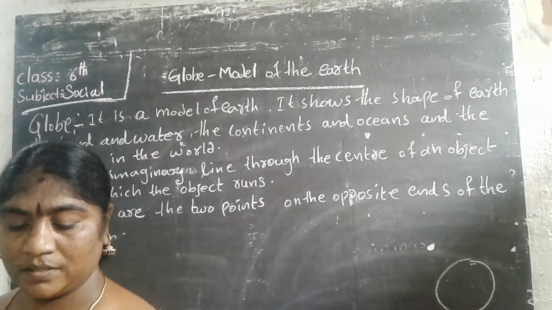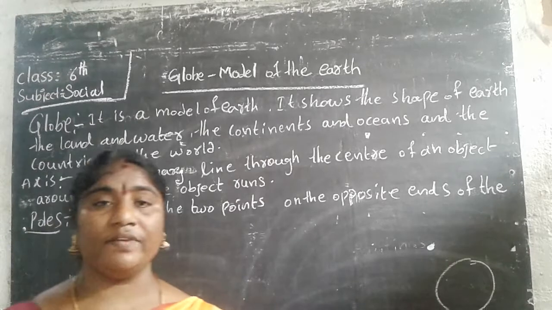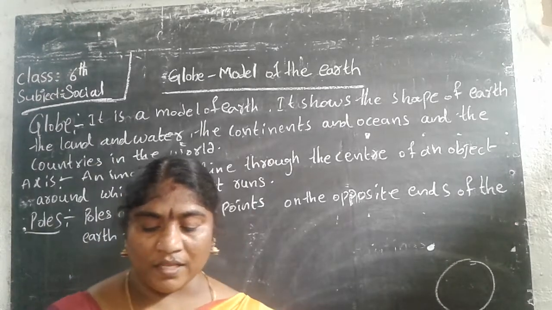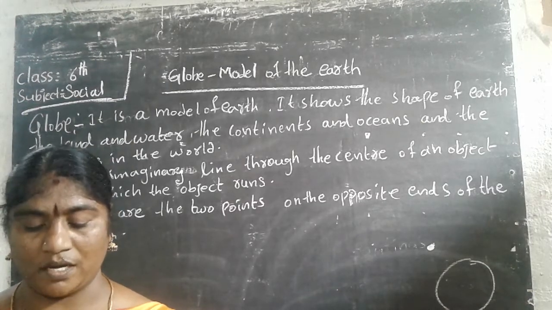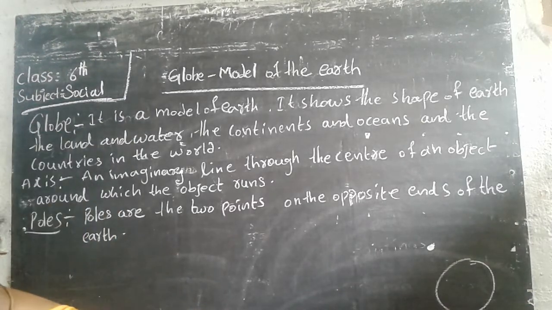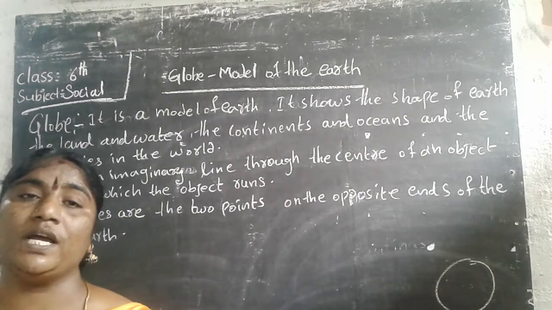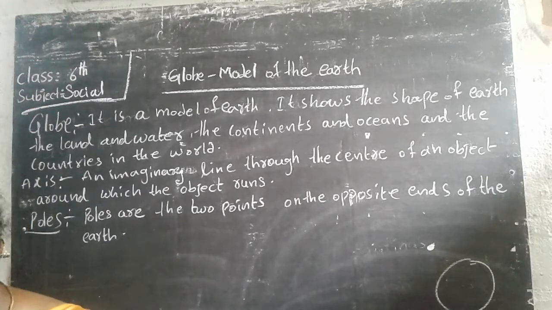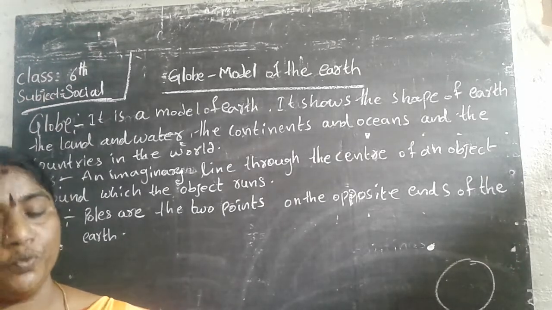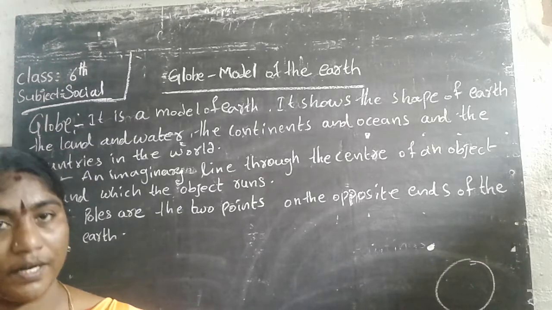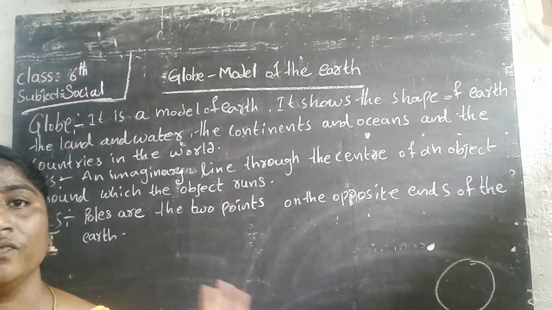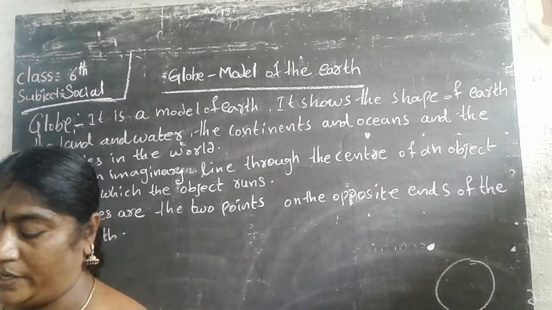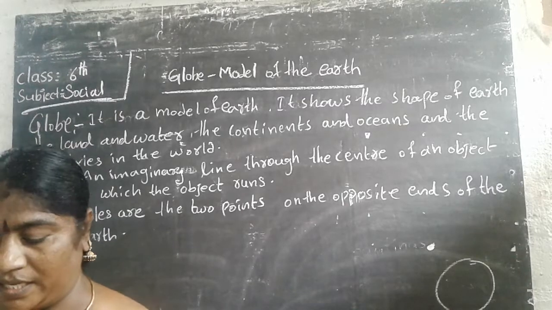There are 7 continents: Asia, Africa, Europe, Australia, Antarctica, South America and North America. How many continents are there? There are 7. Very good. 7 continents are there.